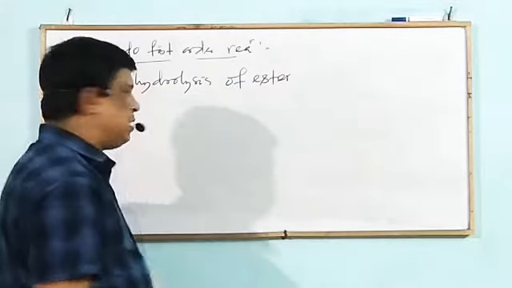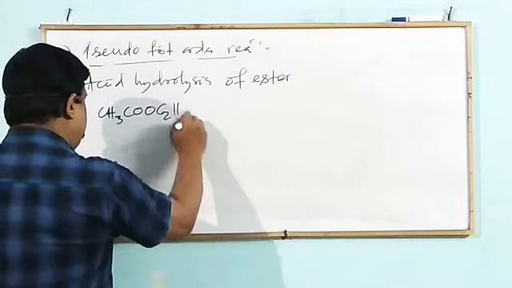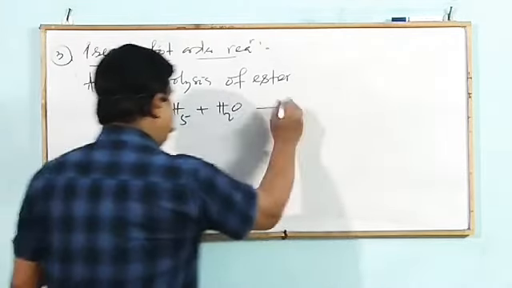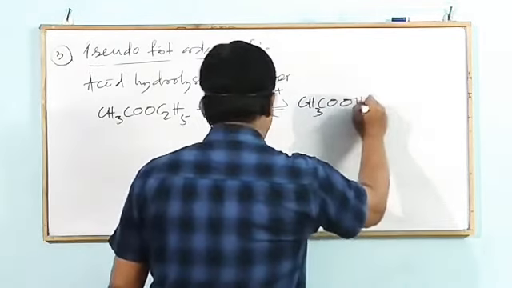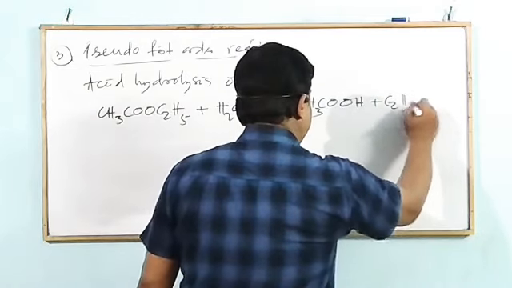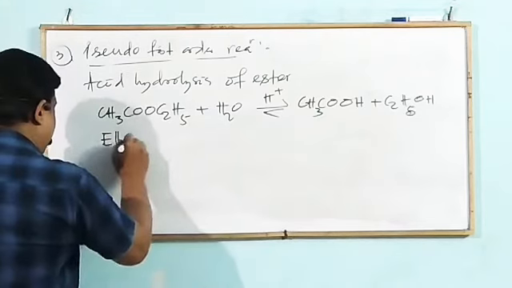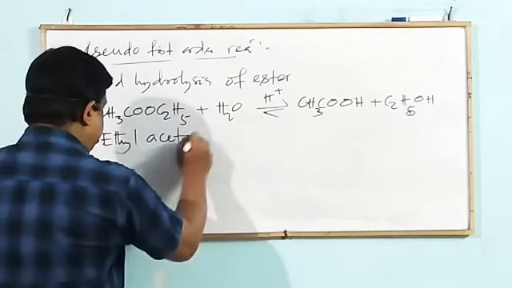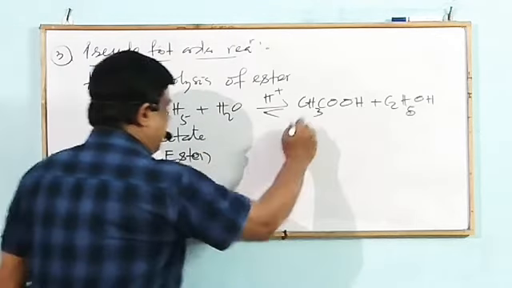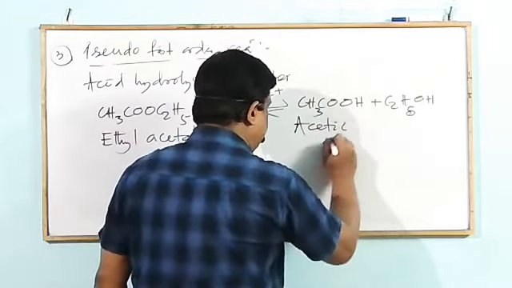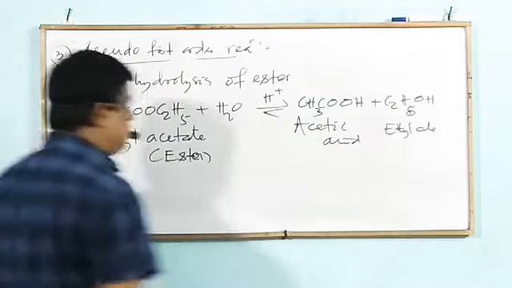Acid hydrolysis of ester, that is CH3COOC2H5 plus H2O in presence of mineral acid gives CH3COOH plus C2H5OH. Its name is ethyl acetate, that is ester. It is acetic acid. It is ethyl alcohol.